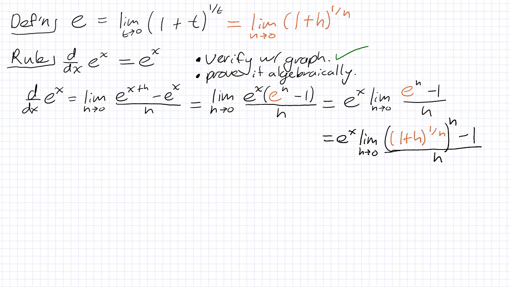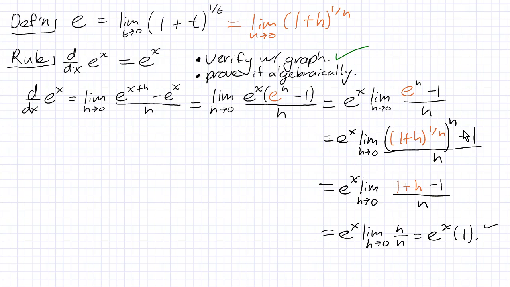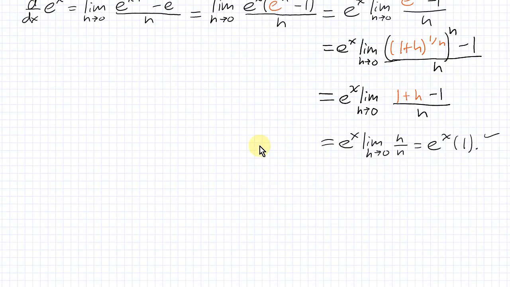And then if you have a power to a power here, you just multiply those powers, and that just gives you the power 1, so it will simplify nicely, like so. And you're left with a nice limit here where you have a 1 minus 1, which cancels out, and then the h over h is just always equal to 1, so that limit is just 1. So the derivative of e to the x using the limit definition turns out to be equal to e to the x. So that's why that works.